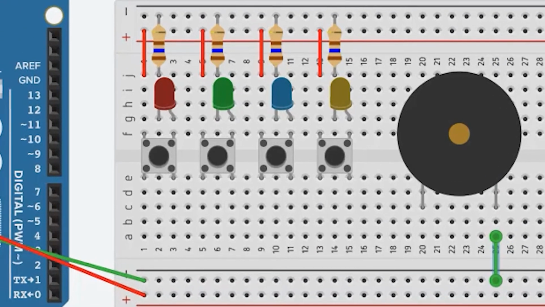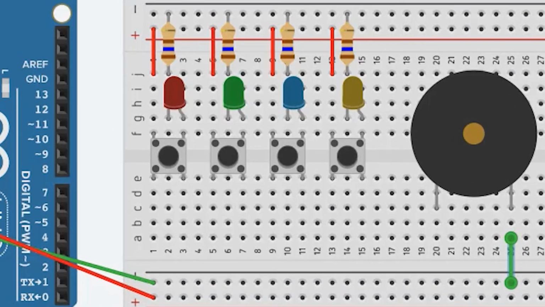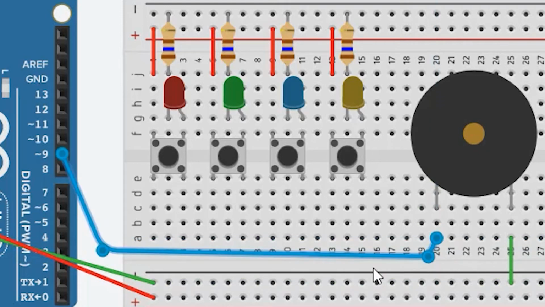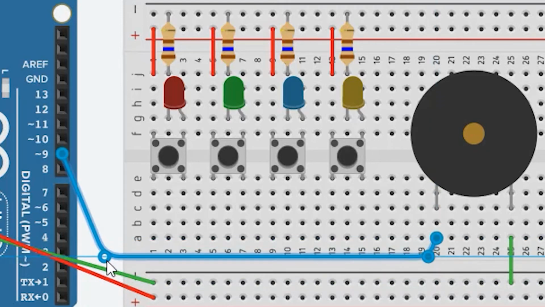The last thing we need to do wire-wise for this setup is to connect some of these pins to these buttons and the speaker. Okay, so let's connect pin 9 to our speaker. So I'm going to bring it clear down here. There we go, pin 9. Make that nice and level.